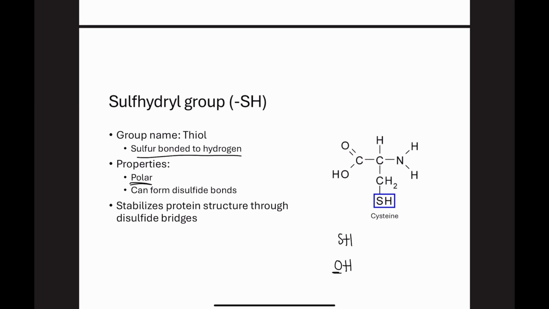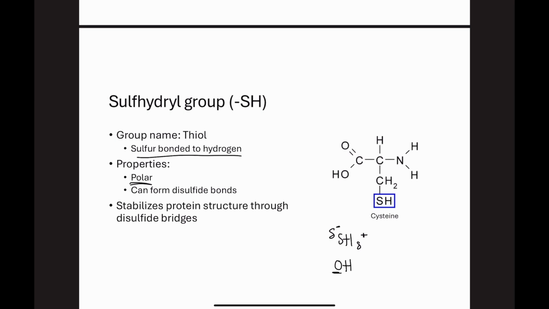But our sulfur atom is still going to have a partially negative charge, and the hydrogen atom that is bonded to it is still going to be partially positively charged. And that is because of the difference in electronegativity. Our sulfur is more electronegative than our hydrogen, so it's pulling electrons closer to it. It is more electron dense. So its polarity is going to allow for some interactions with other molecules.